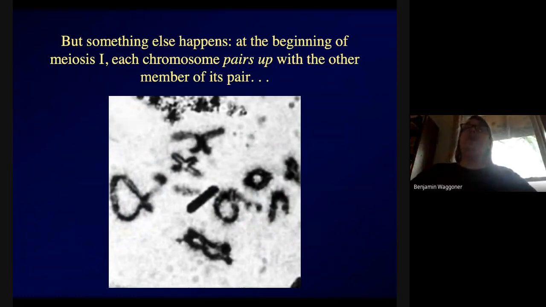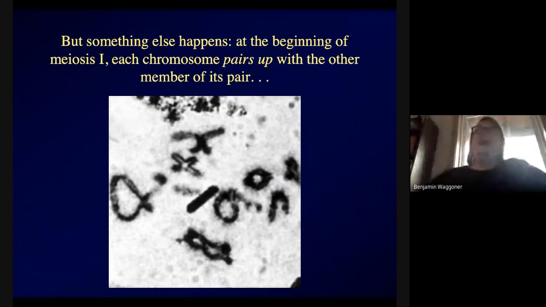So the two copies of chromosome 1 pair up and get together, and the two copies of chromosome 2 pair up and get together, and they form structures. They're called meiotic tetrads. That's what you're seeing here. These funny things that look like X's or loops, that's actually pairs of chromosomes that are stuck on each other.